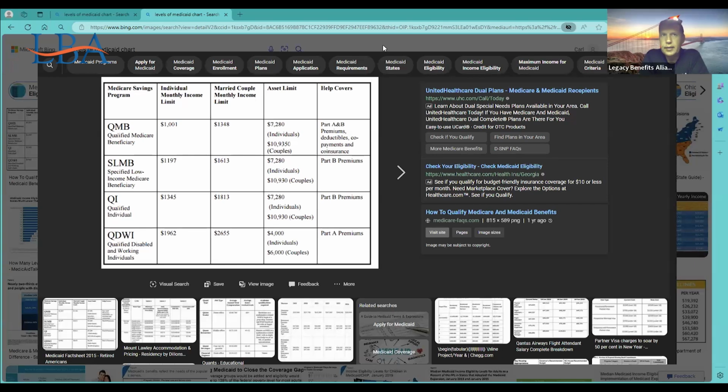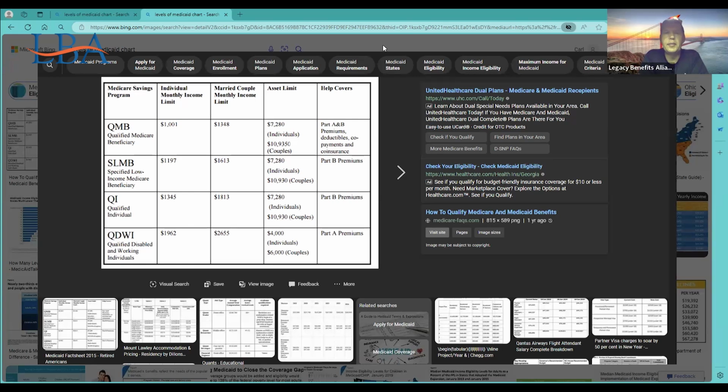Now, some states will have an SLMB Plus. You're like, well, what the heck does that mean? I won't get into the really crazy details of how they separate SLMB and SLMB Plus, but SLMB, if it has no plus behind it, is partial Medicaid. SLMB Plus would be considered a full Medicaid.